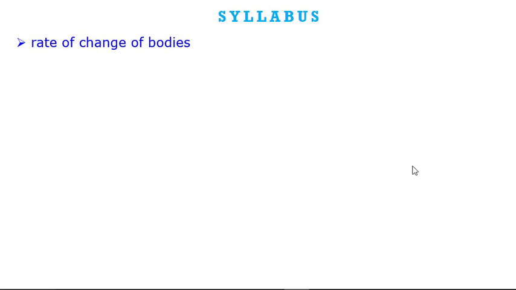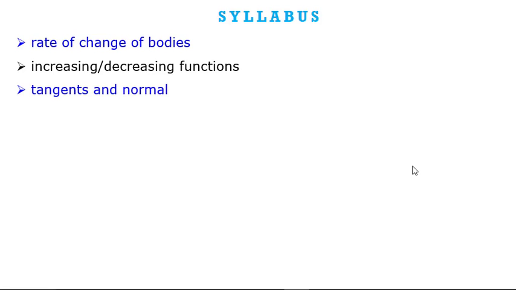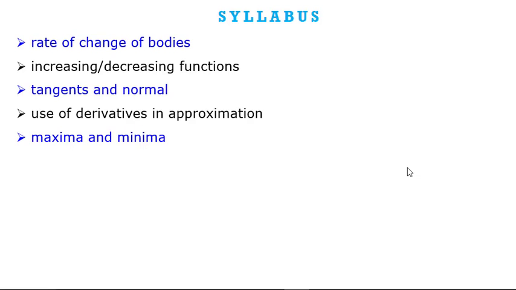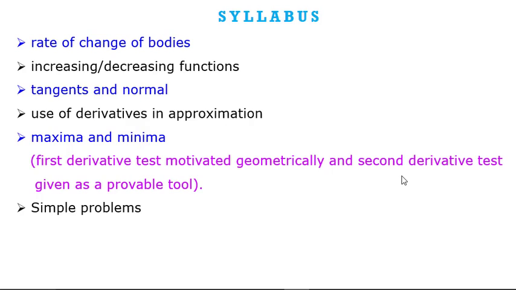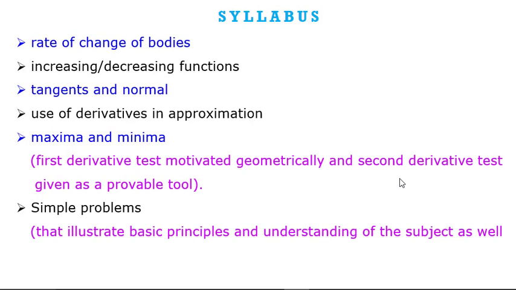Rate of change of bodies or rate of change of quantities, increasing and decreasing functions, tangents and normal, use of derivatives in approximation, maxima and minima, first derivative test motivated geometrically and second derivative test given as a provable tool, and simple problems that illustrate basic principles and understanding of the subject as well as real life situations.